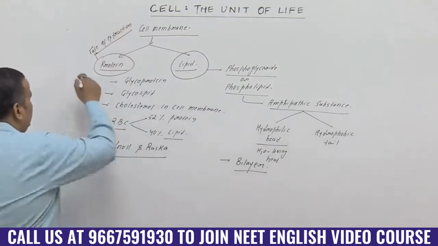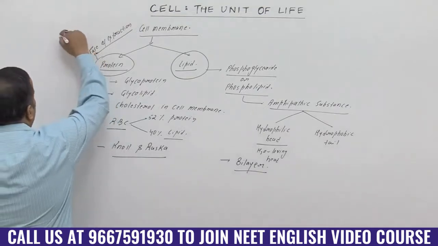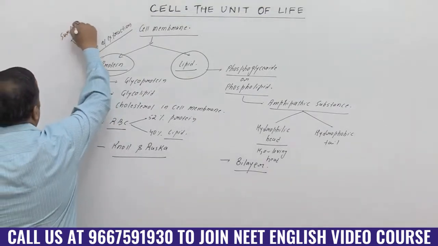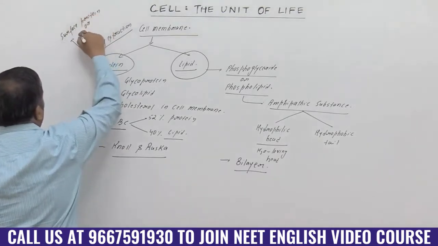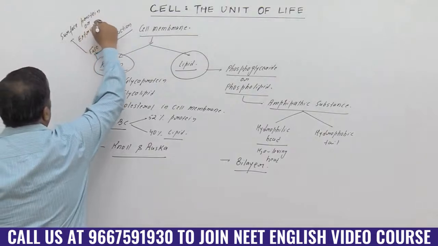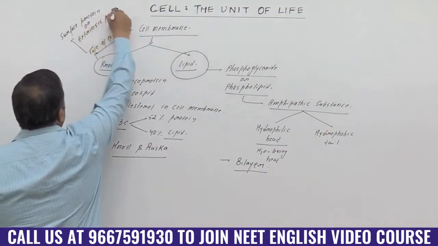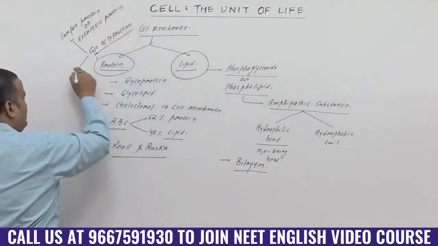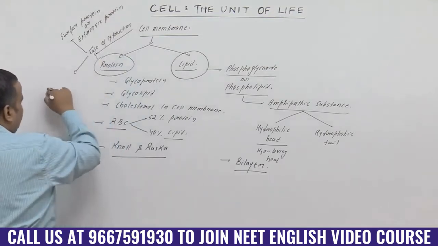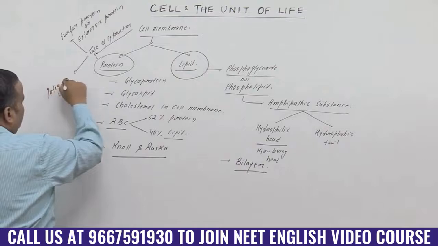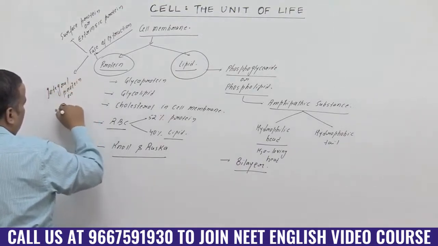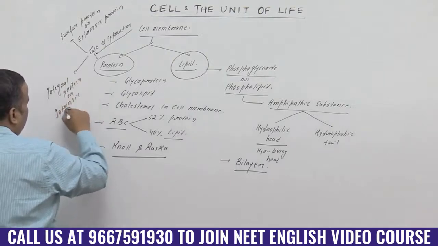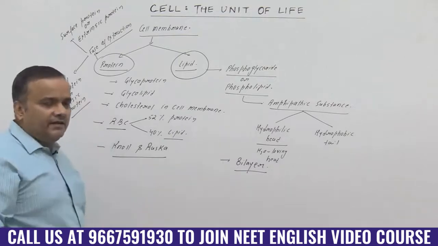If it can be removed easily, then it is known as surface protein or extrinsic protein. Okay, and if it cannot be removed easily, then it is known as integral protein or intrinsic protein. Most of the proteins are integral proteins.